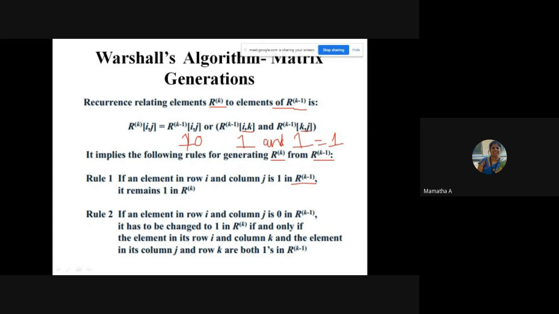But if the element in the row I and column j is 0 in Rk minus 1, what does it indicate when it is 0, students? 0 indicates what here?